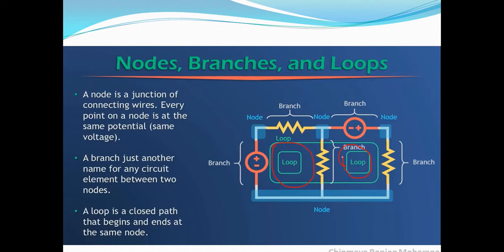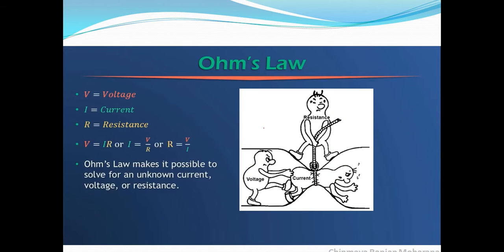Come to our next very familiar law, that is Ohm's law. As per this figure, here three persons are present. One person is moving from this side to this side, clear? And this person is pulling, or you may say kicking. This is the main factor for this person to move from this side to this side.